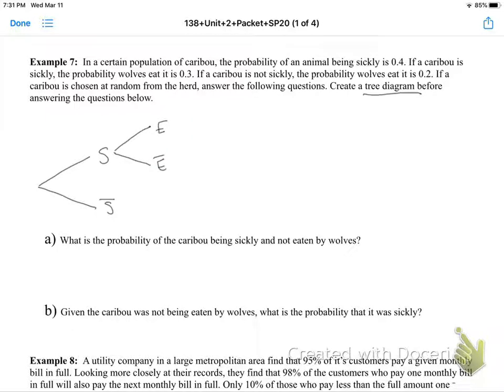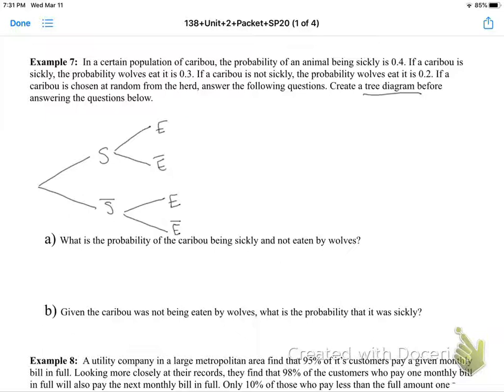So the animal can be sick and then eaten, or sick and then not eaten. But we have to be careful because the same animal could be not sick and then eaten, or not sick and then not eaten. So we want to create this tree diagram where we have these 4 possibilities at the end of each one of the branches.